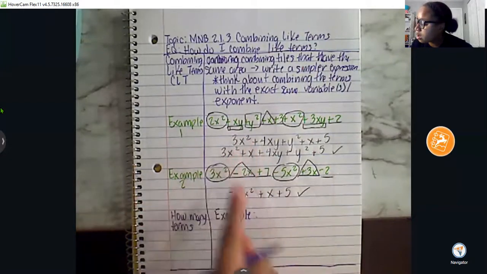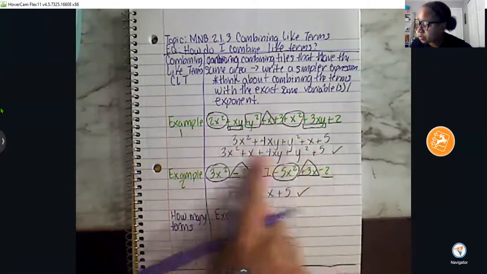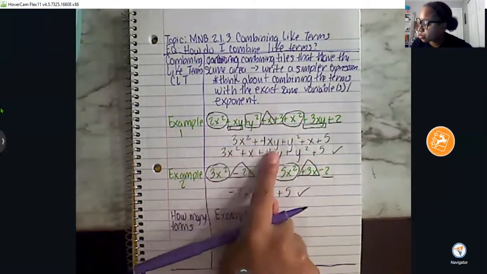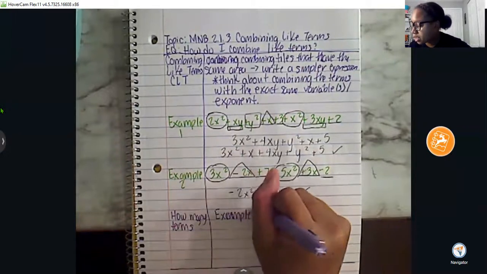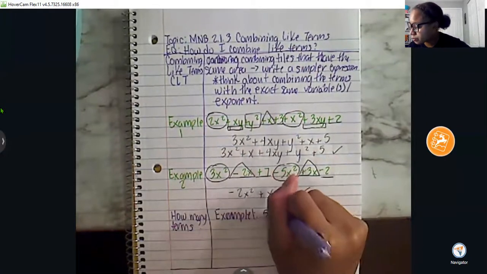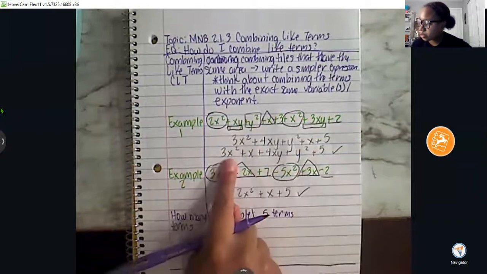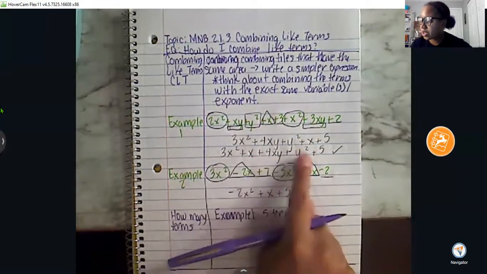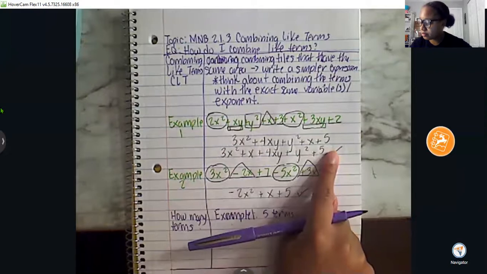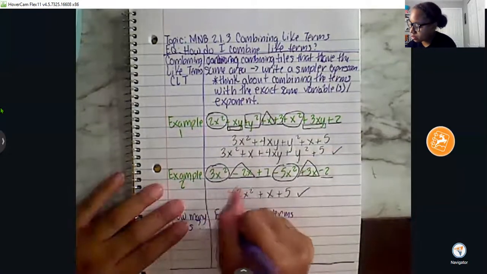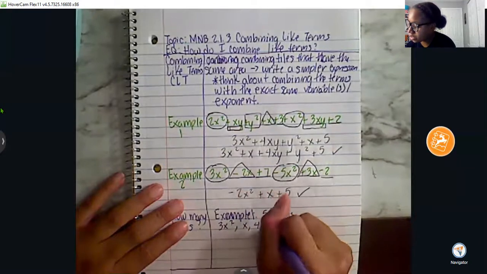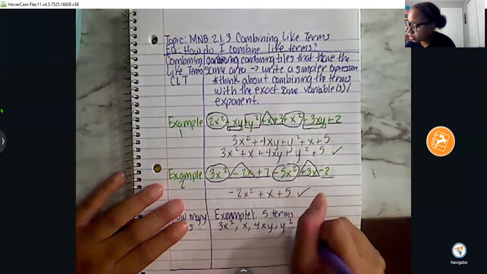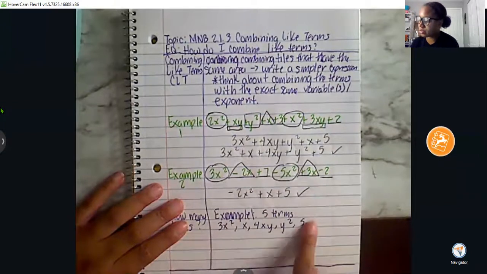So if you look at our simplified version here, we have 1, 2, 3, 4, 5 terms. So example 1 had 5 terms. We had 3x squared, x, 4xy, y squared, and 5.